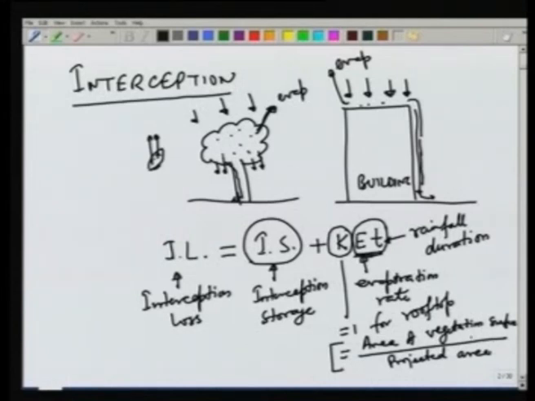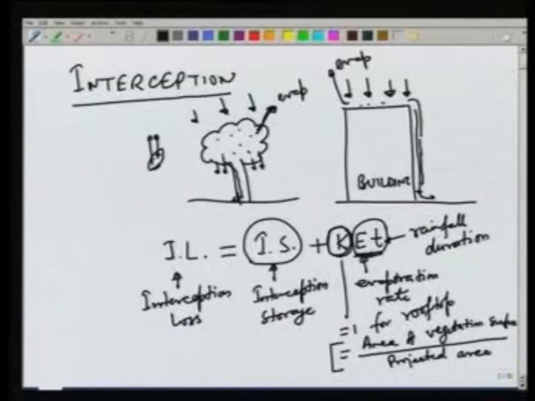So, from a tree leaf surface, we have some initial storage, then we have this ratio K, and E into T gives us the evaporation loss during the rainfall.